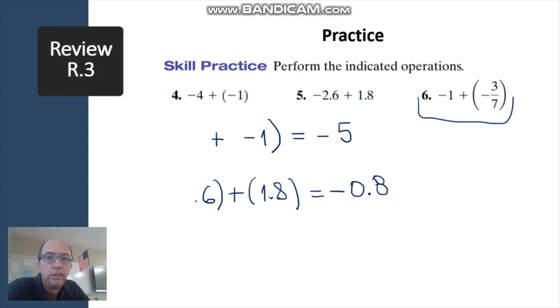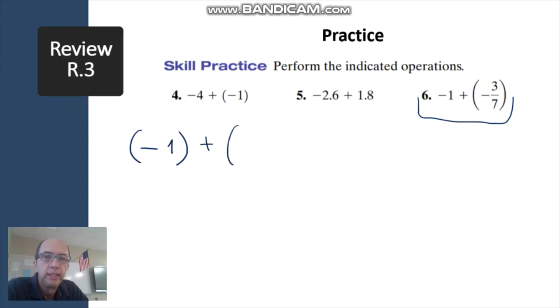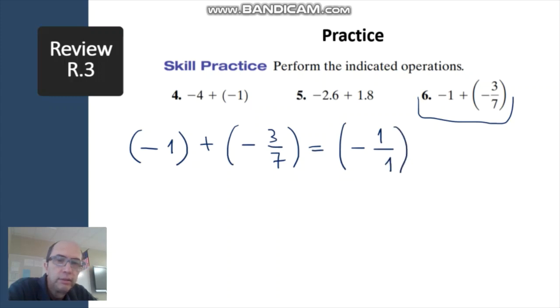And now this is the trickier one, because we have rational numbers. Let's try negative 1 plus negative 3 over 7. Okay, let's make this into a fraction as well. Negative 1 over 1, and put all the signs on the top.